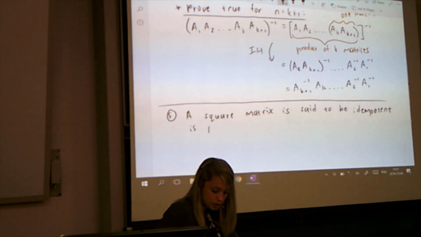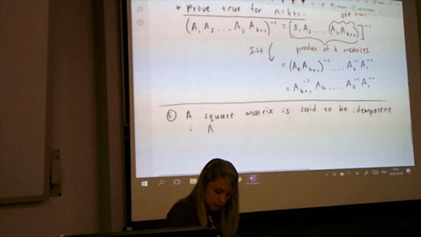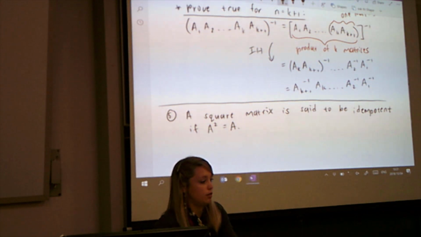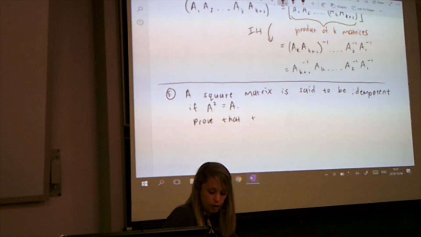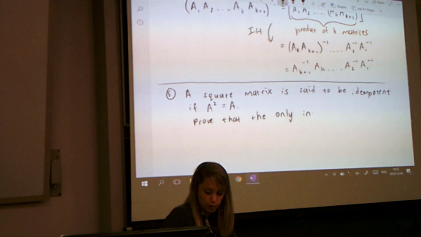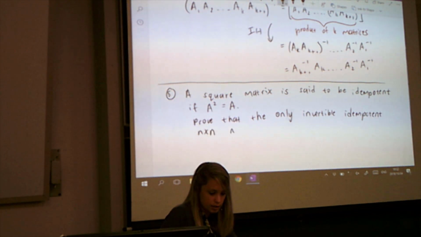If A squared equals A, right? Prove that the only invertible idempotent n by n matrix is the identity matrix.